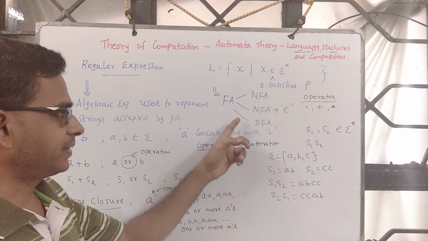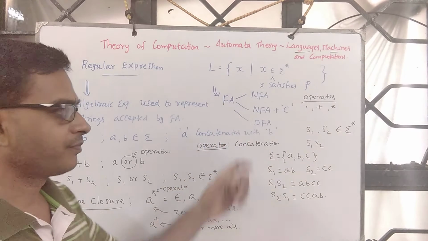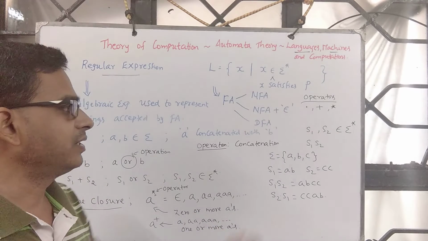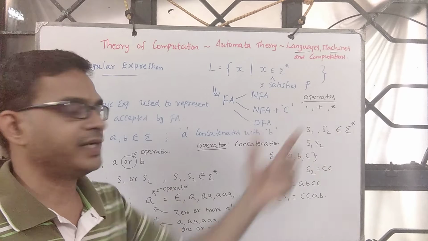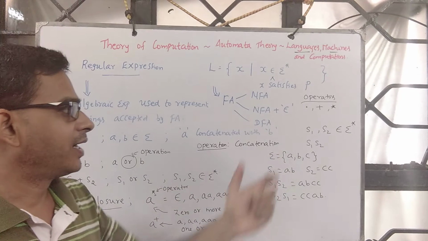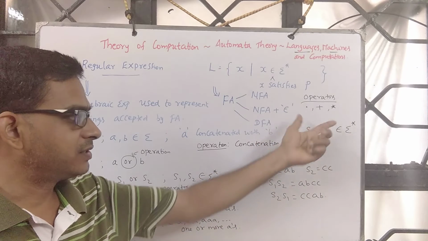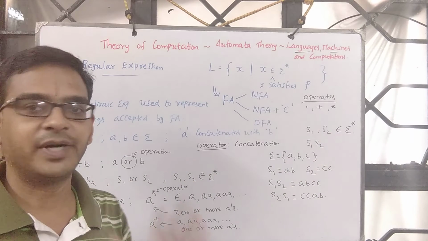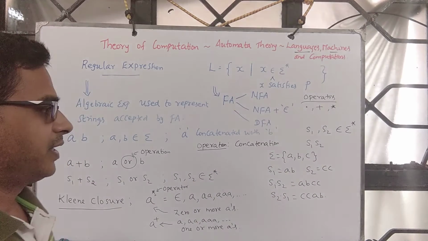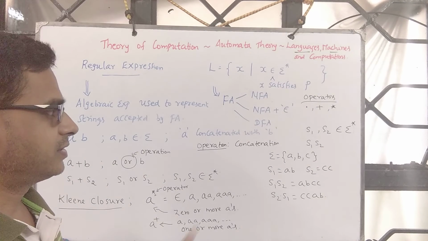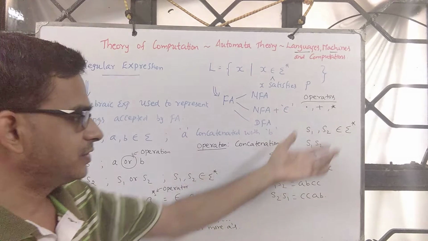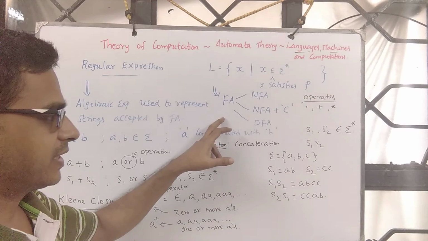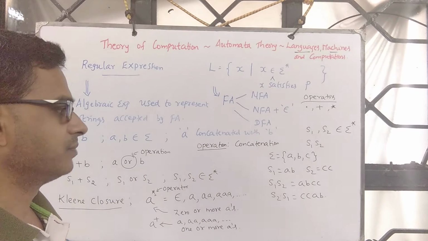Languages that are accepted by finite automaton can be described using an algebraic expression involving these 3 operators. And these operators will be operated on some alphabet sigma. And interestingly, this is functionally complete. With this, one can express all languages that are accepted by finite automaton.